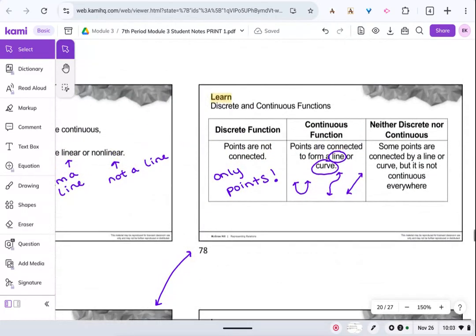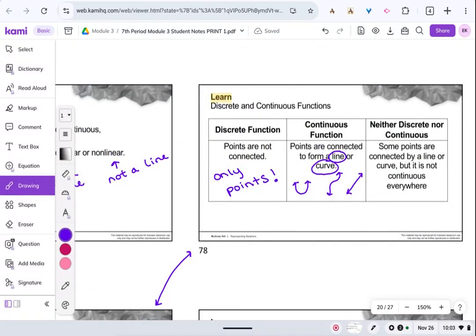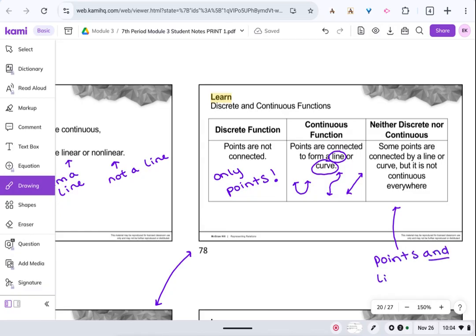The last one is neither, and that's when I have like a mix. So some points are connected by a line or curve, but it is not continuous everywhere. So in this example here, for neither, it would be points and lines or curves. So it's going to be a mix of both for that one there. And that would be considered neither.